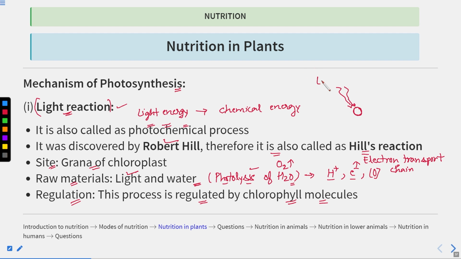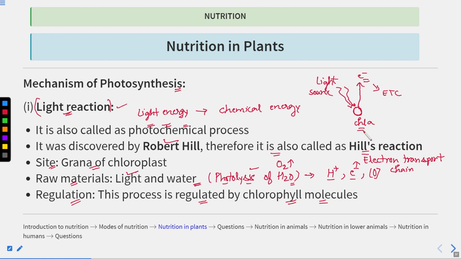This is the light source here, which is usually the sun. This is the chlorophyll a molecule, and then it gets excited and releases the electrons, which take part in the electron transport chain.